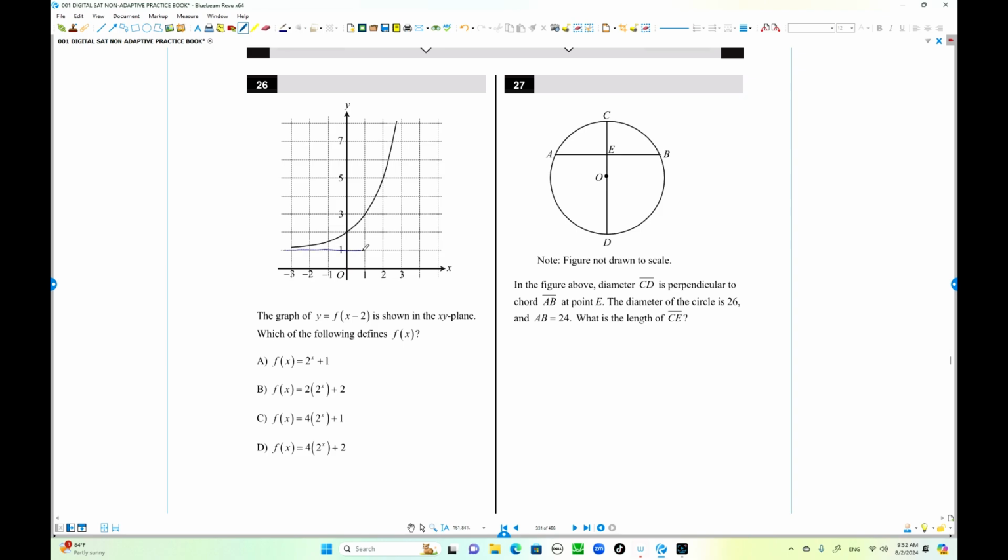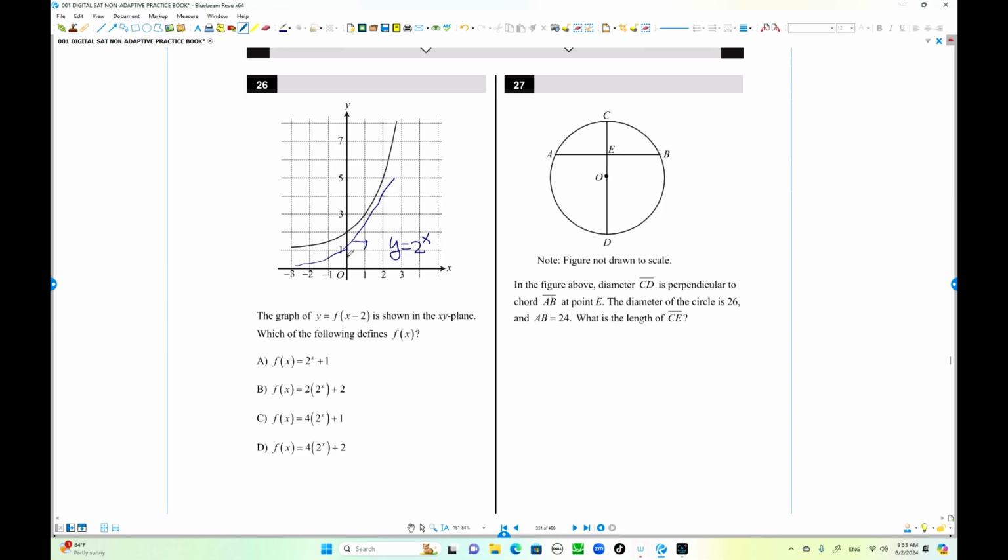X-axis symmetry, right? So this graph looks like it was before translation, right? Yeah, it looks like this. One over here, right? And one down over here. So actually this graph is y equals 2 to the x, isn't it? You can see that, right? Y equals 2 to the x.